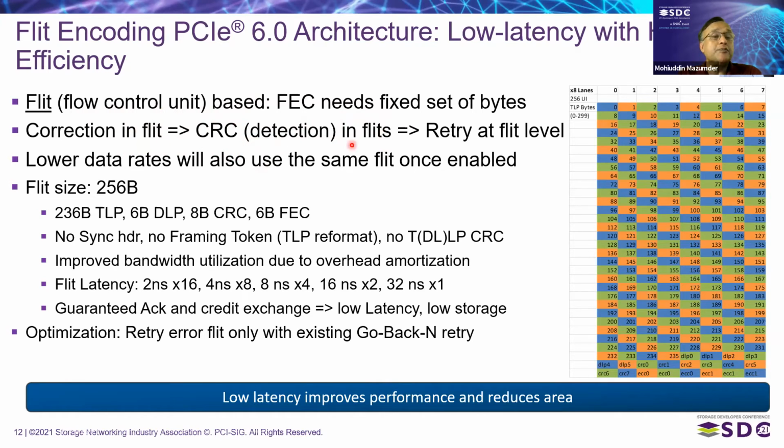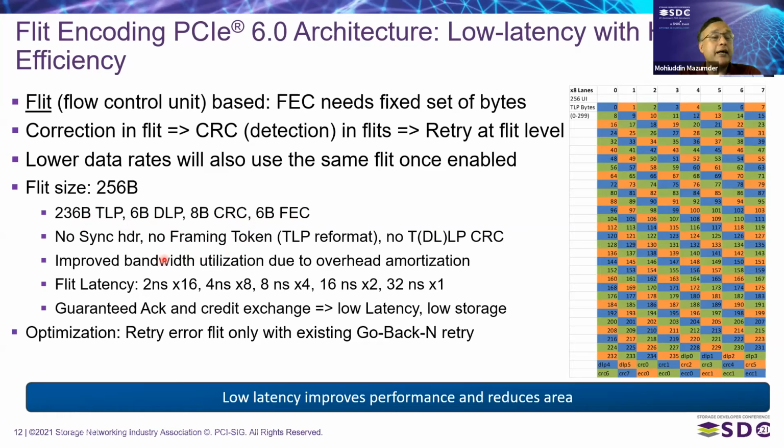To enable this mode, lower data rates should also use the same FLIT once this mode is enabled. And FLIT size is designed to be 256 bytes. Out of that, 236 bytes of TLP, transaction layer packet, 6 bytes of DLP, 8 bytes of CRC, which is 64-bit, and then 6 bytes of FEC.